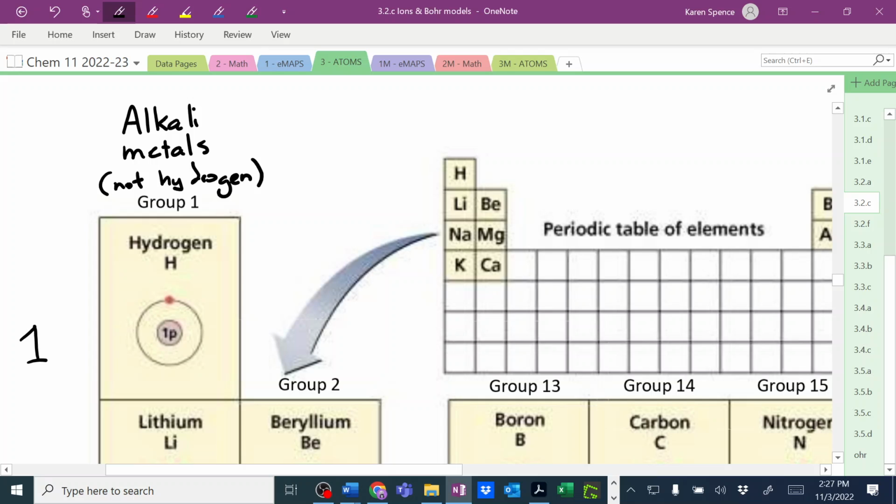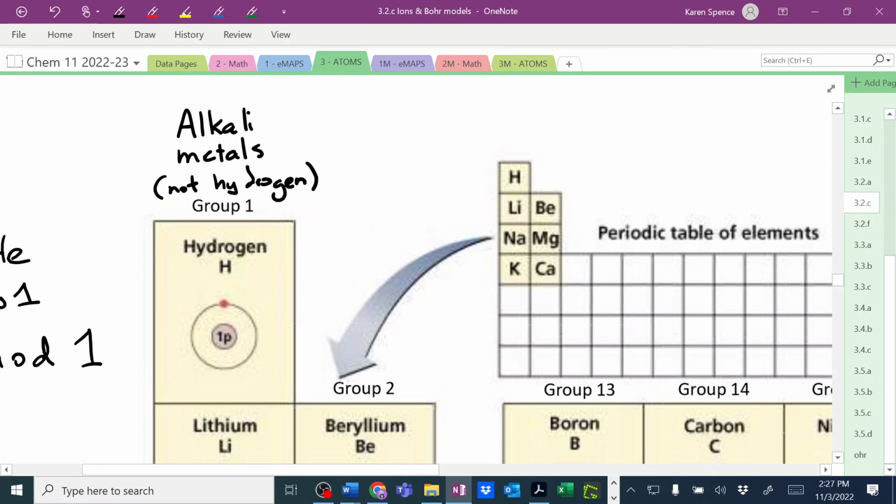Hydrogen is its own group, okay? Hydrogen is a group of one. There's nobody else in hydrogen's group because there's nobody else quite like it.